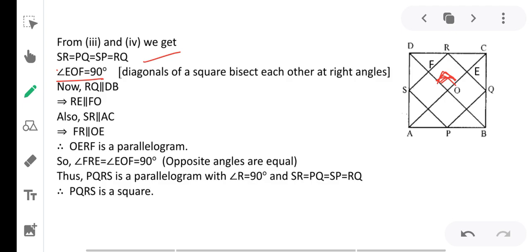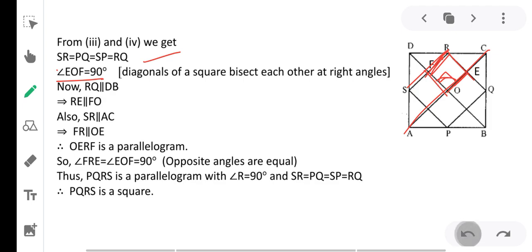Now RQ parallel to DB, so RE parallel to FO. Clear? Also SR parallel to AC, so we can write FR parallel to OE also. So RE parallel to FO and FR parallel to OE, and this angle is 90 degrees.